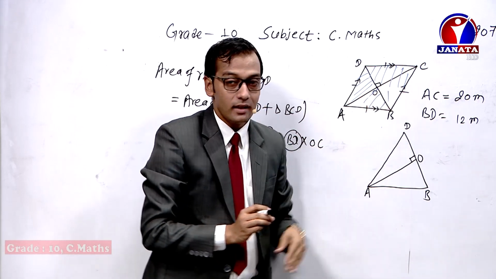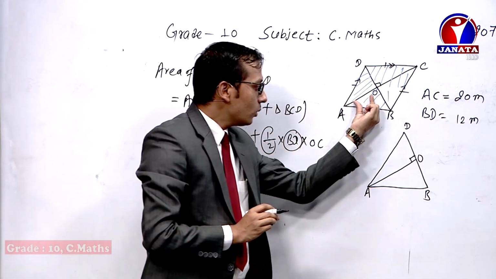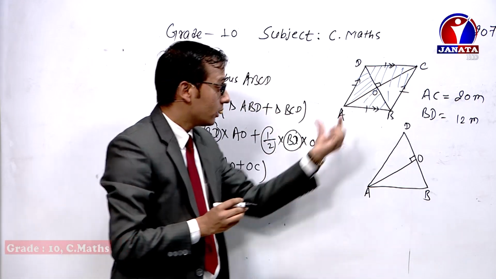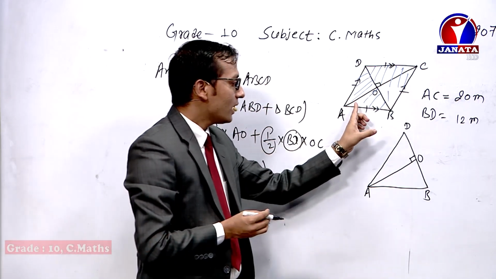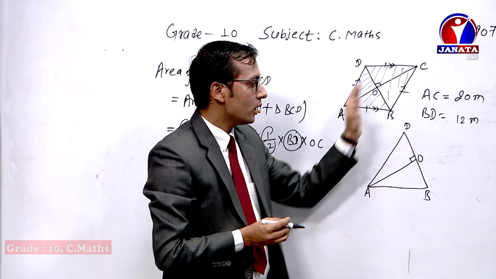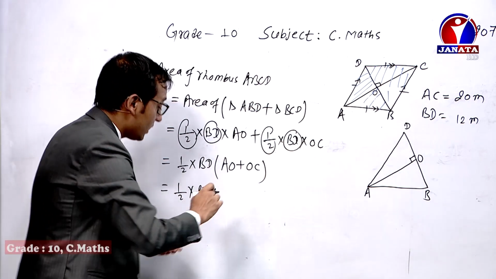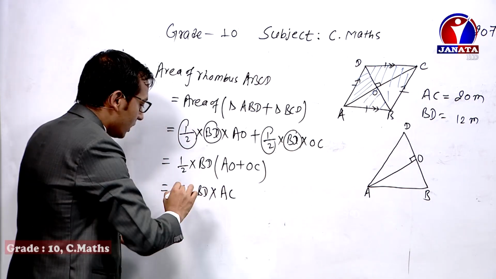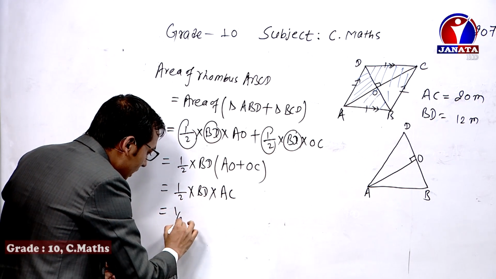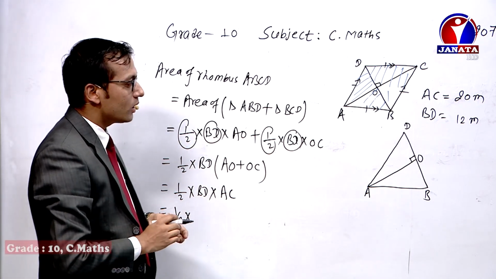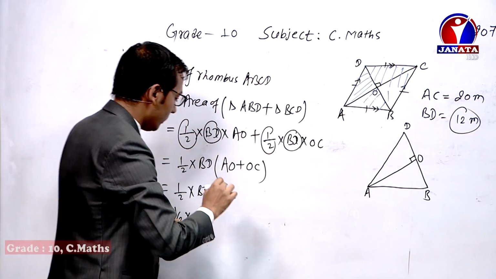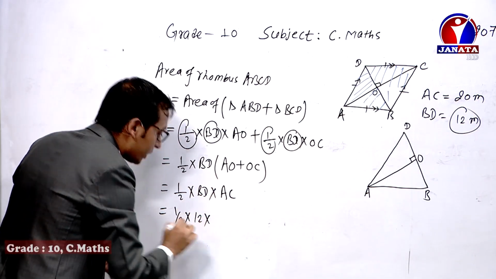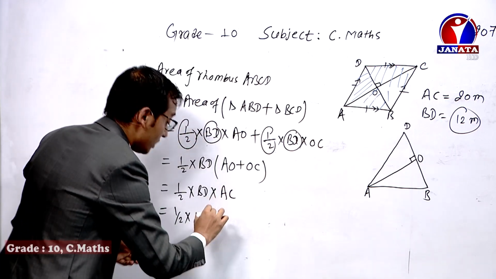AO and OC are the segments of line AC, so we can add AO and OC to get AC. So this is equal to 1/2 times the length of BD, which is 12, times AC, which is 20.